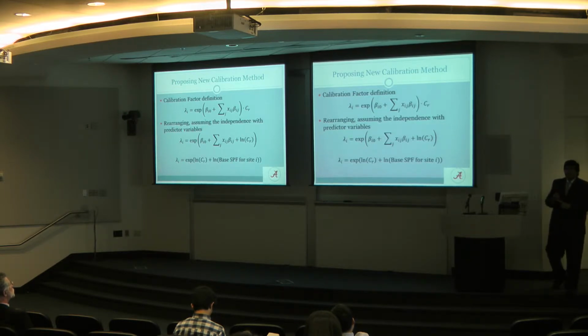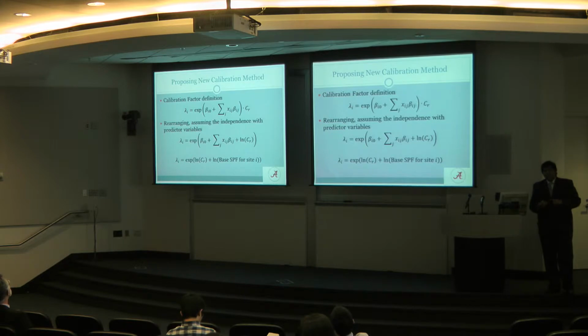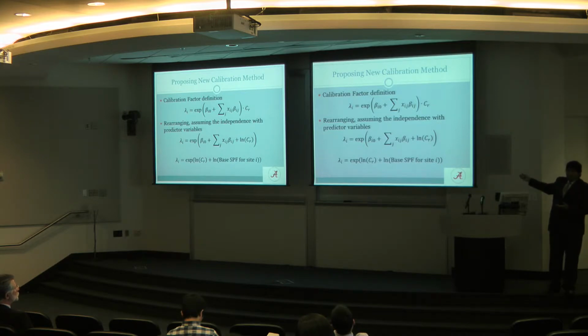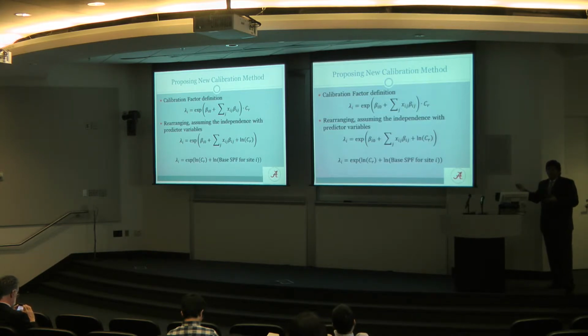So the question here is, we can do this if the calibration factor is independent of the x_i's and betas, those are the explanatory variables. And if you remember the definition of the calibration factor, it is essentially taking unobserved heterogeneity, like I showed you those two photos of people driving in snow and water.